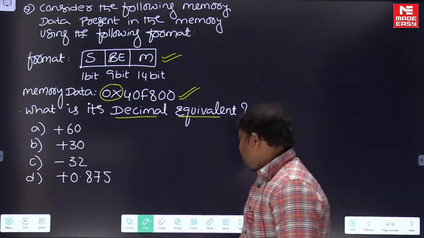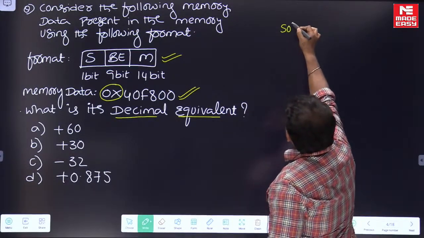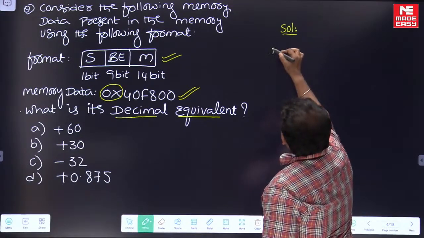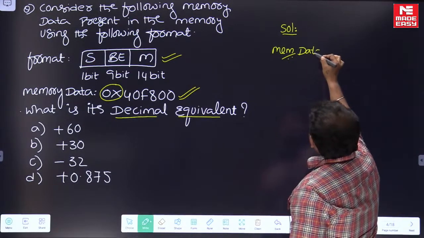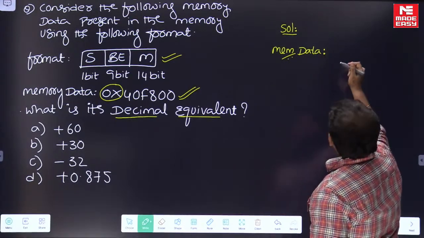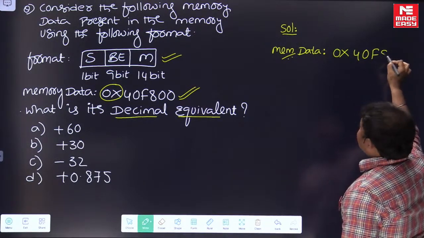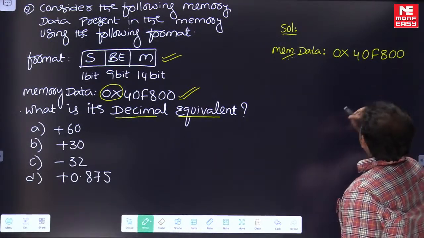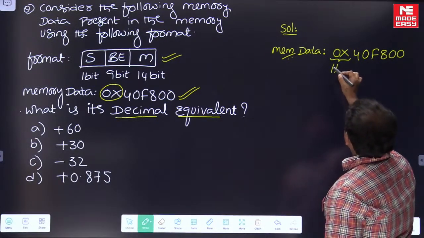Okay, students? Yeah. So the reading process is already known to us. That is, first take the memory data. Memory data is 0x40F800. Okay, this is hexadecimal, 0x stands for hexa.